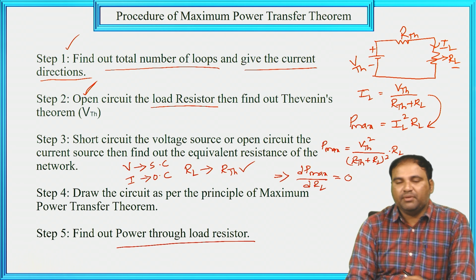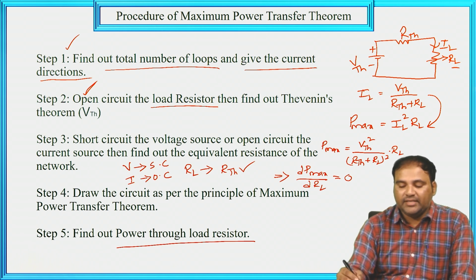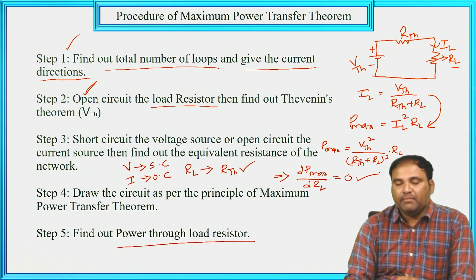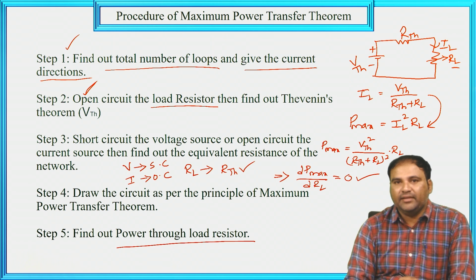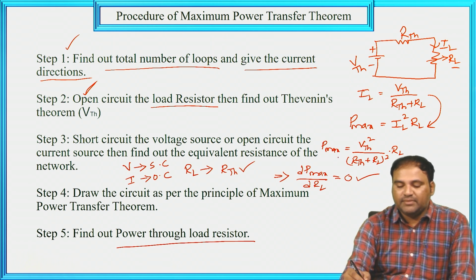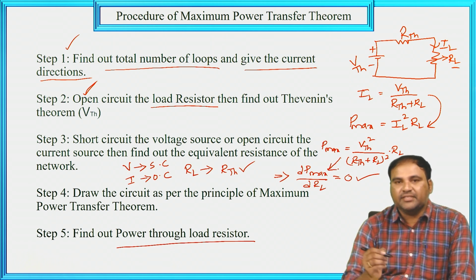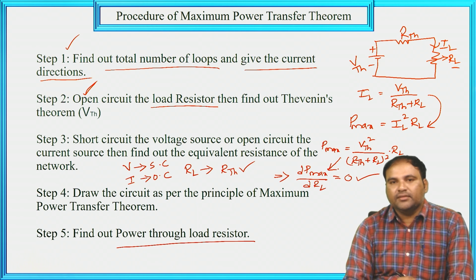The derivative of the power through the load resistor should be equal to 0. Here is the condition of the maximum power transfer theorem, right? Now we can substitute this in the equation, then derive the differential equation with respect to RL.